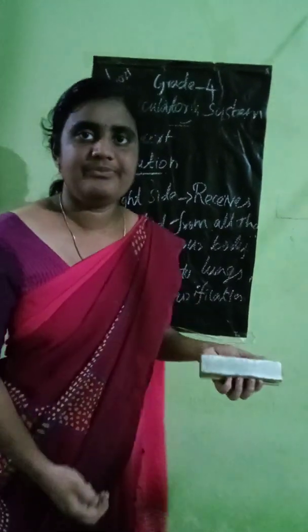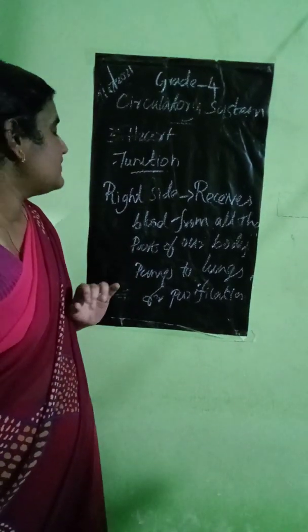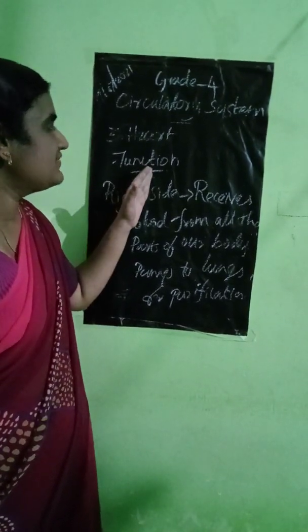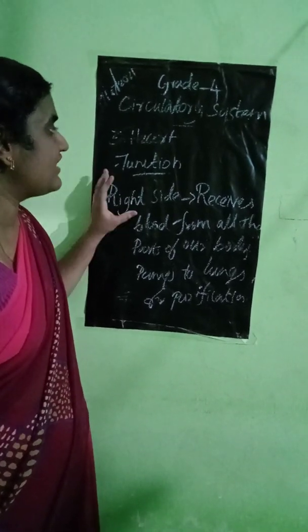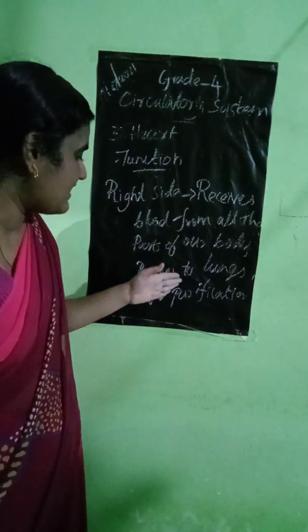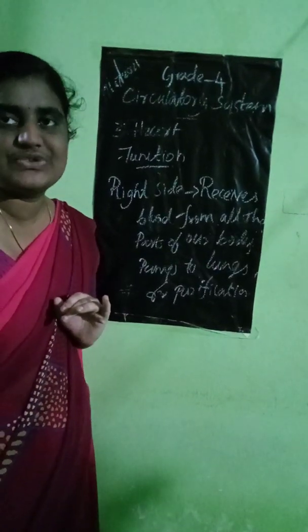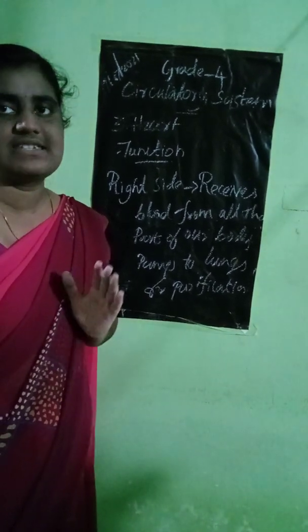And the left side of the heart receives blood from the lungs and pumps it to all parts of our body through our blood vessels.